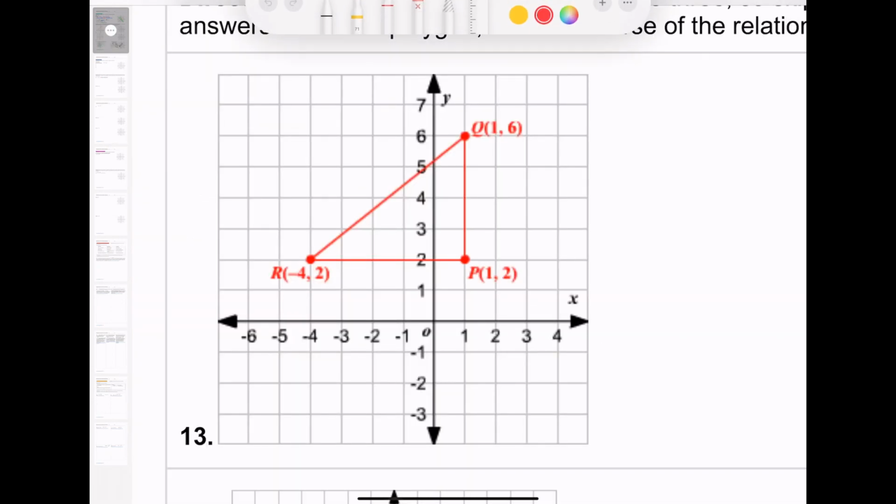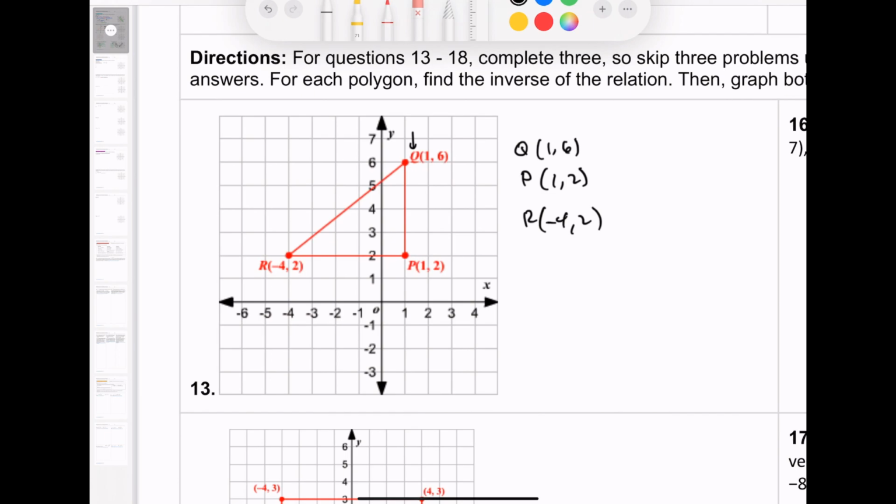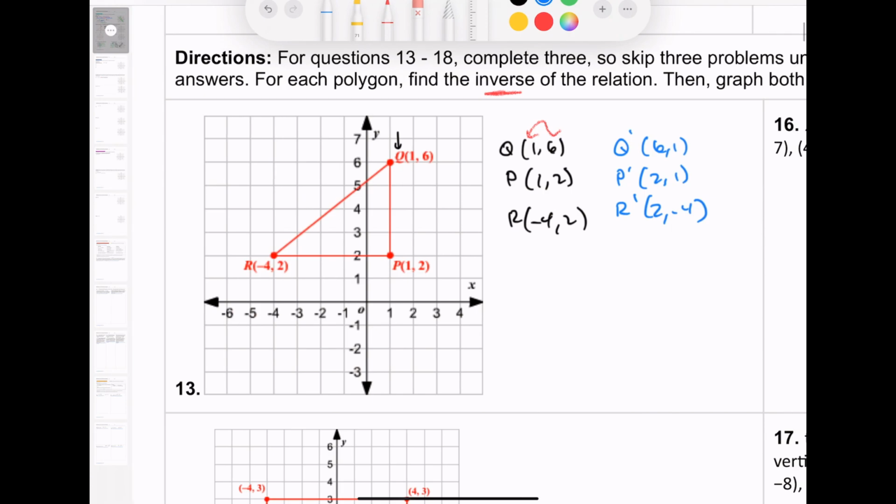All right, number 13. I like to write out all my ordered pairs so it's already labeled. Labeled means having the letter there. And remember, the word inverse just means to switch these ordered pairs. So Q prime will be 6, 1. P prime 2, 1, and R prime 2, negative 4. Right 6, up 1.